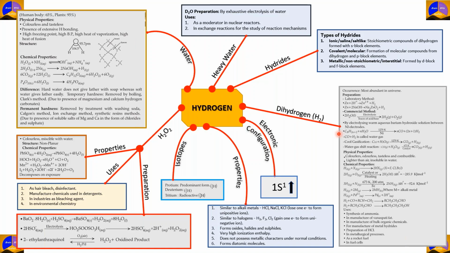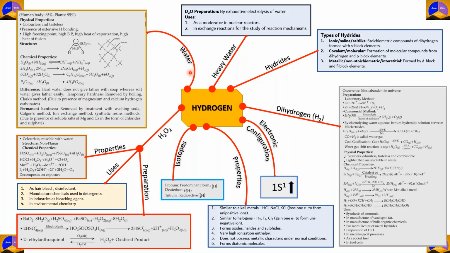So after dihydrogen, we will move towards hydrides. Now in here, we'll look at the types of hydrides. Now after hydrides, we will move on to water, that is H2O. In here, we'll look at physical properties, structure, chemical properties, and temporary and permanent hardness of water.